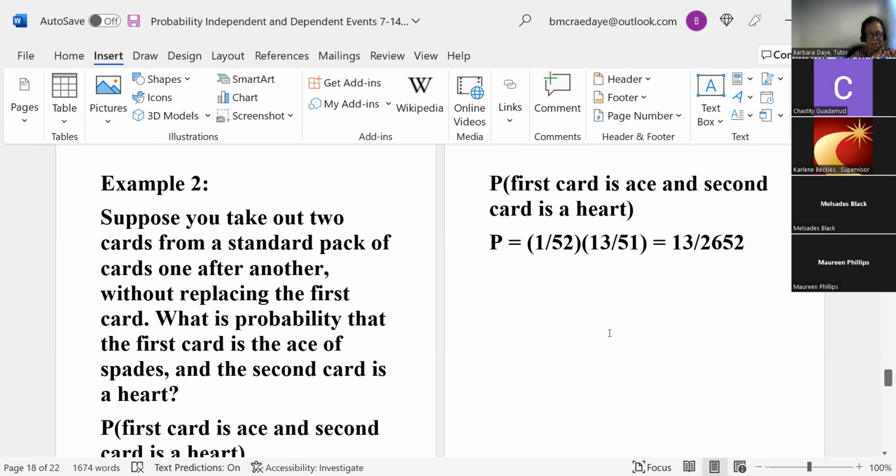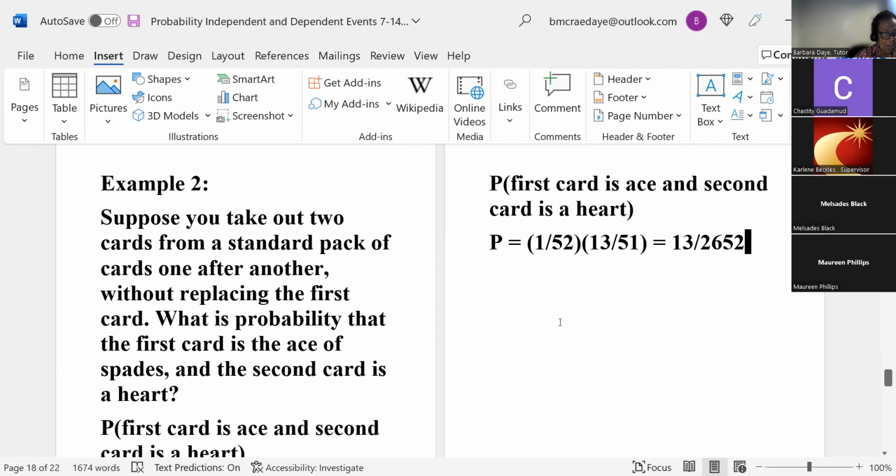Yeah, I understand the 1 over 52. But you're not putting back the 13 either? You take out all 13? No. What does it say? Suppose you take 2 cards from a standard pack of cards, one after another, without replacing the first card. So if you take 1 card out, you have 52.